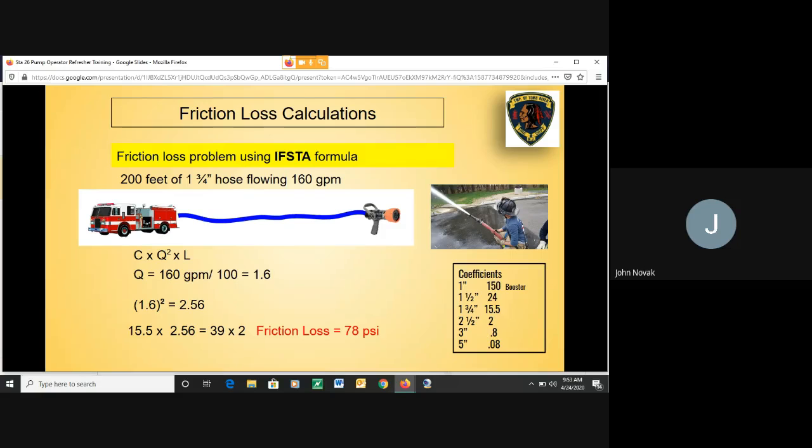The problem with the coefficients is they were developed years ago, and with the advance in technology in fire hose, the coefficients are different for every type of hose manufacturer. So unless you go out and do your own fire flow testing to get your coefficients, you really can't depend on the IFSTA formula. I know we went out last year and did some fire flow testing. We came up with some new coefficients for our 1 3/4 hose and for our 2.5 inch hose.